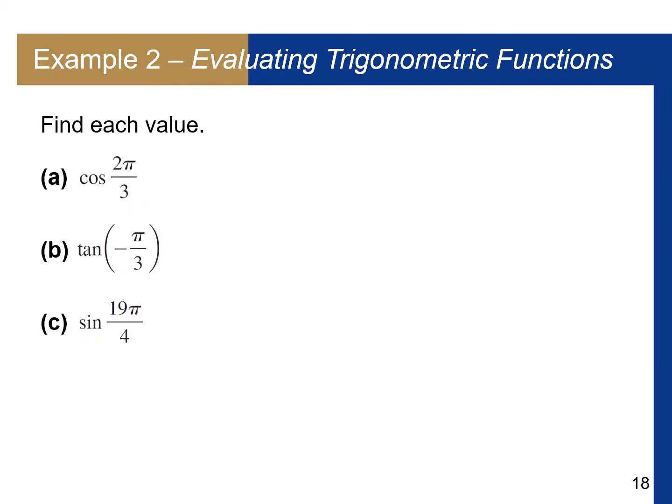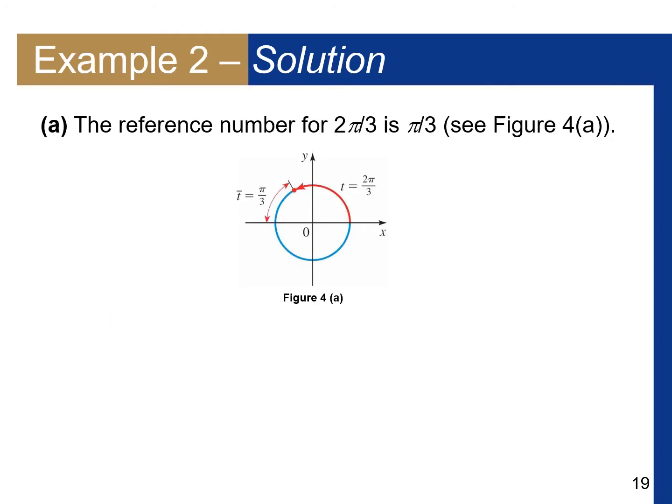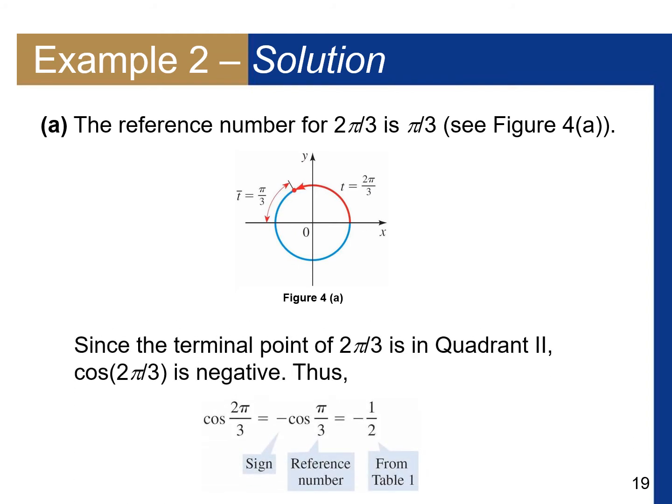So let's take a look at finding these values. Here I have my 2 pi over 3, which is in the second quadrant. My reference number is pi over 3. Second quadrant, so I know I have to make sure that my x value is negative, and I will have negative 1/2.